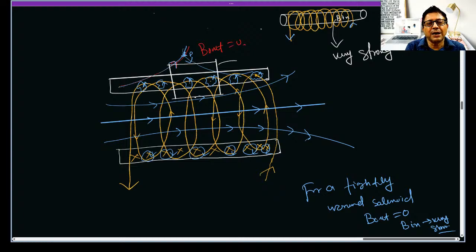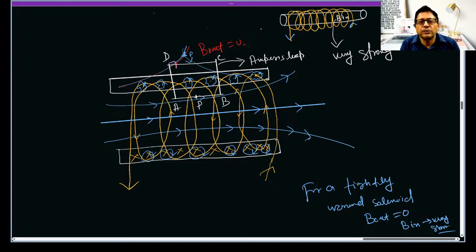This is the Ampere's loop. We want to find the magnetic field at P, so through that point, I am drawing this loop. ABCD is the loop.